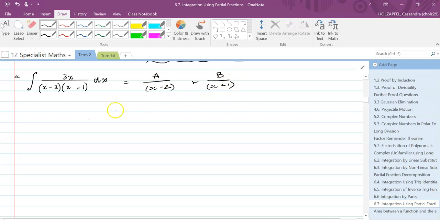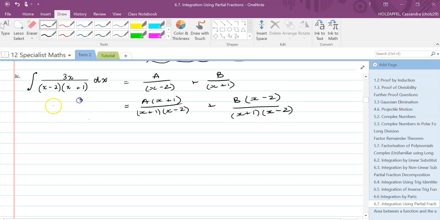Now, in order to get these fractions to be like terms, because we are trying to add them, we're going to cross multiply so that we have a(x + 1) over (x + 1)(x - 2), and then same thing for b, we're going to cross multiply over (x + 1)(x - 2).